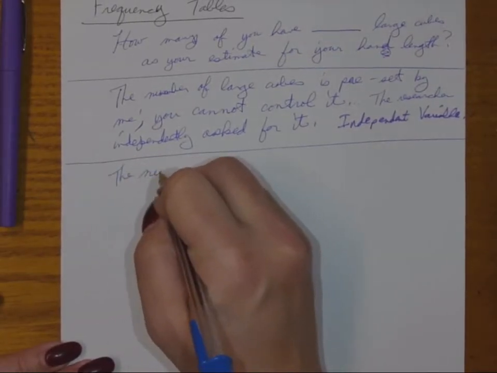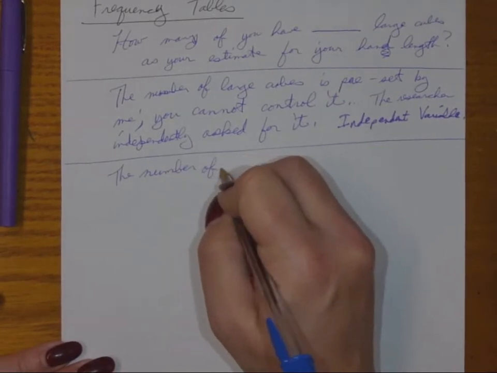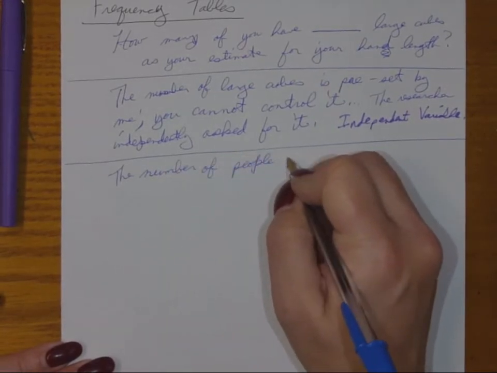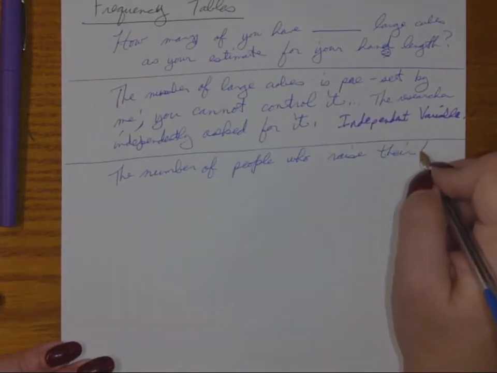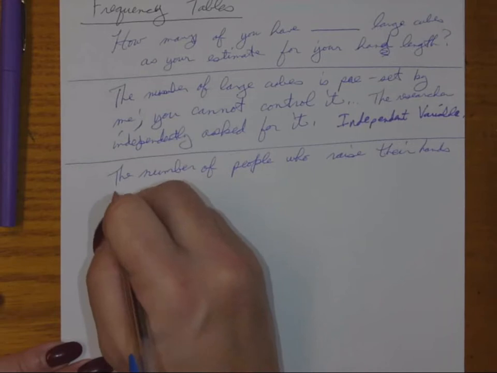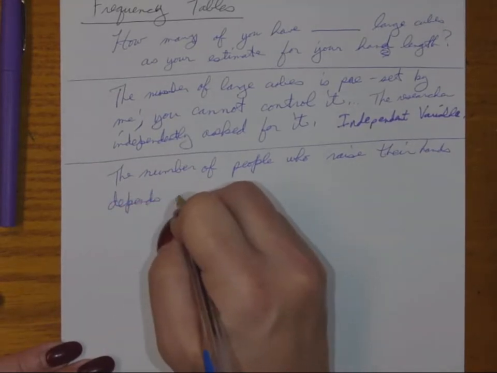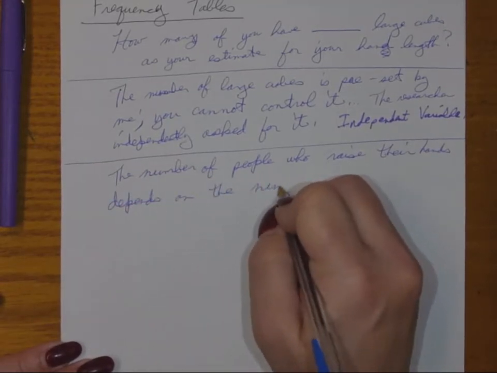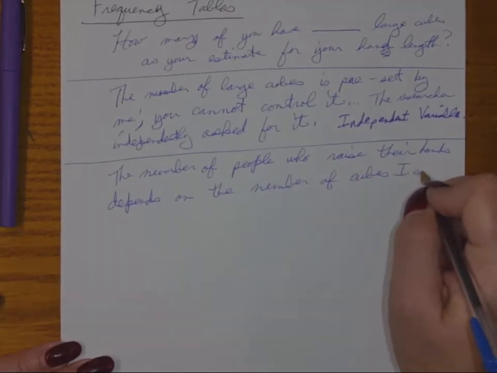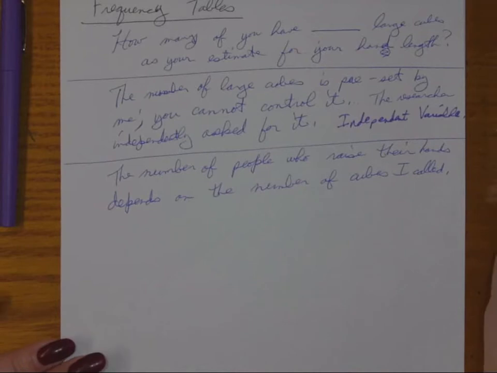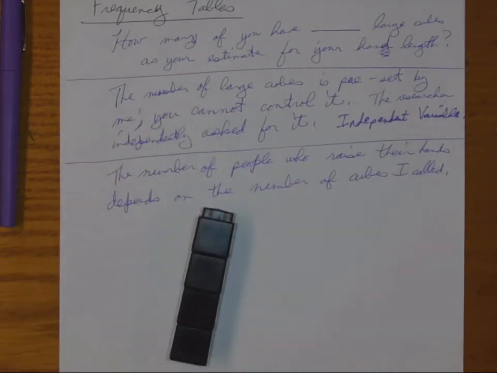The number of people who raise their hands depends on the number of cubes I call out. Okay, so in other words, if I said, how many of you have 4 large cubes, probably nobody in the room would raise their hand, right? So out beside 4 large cubes, I'd say nobody raised their hand.